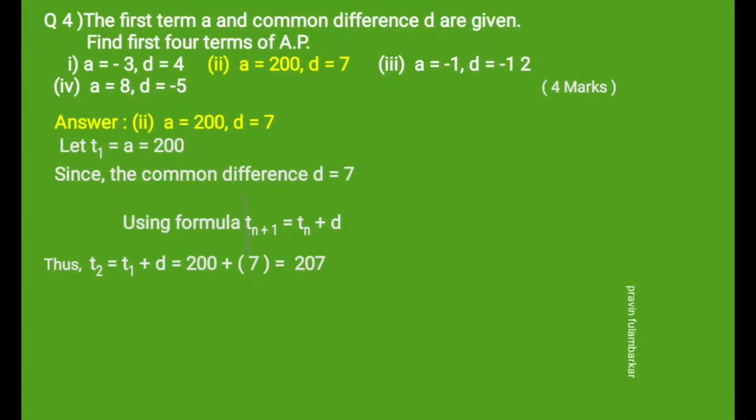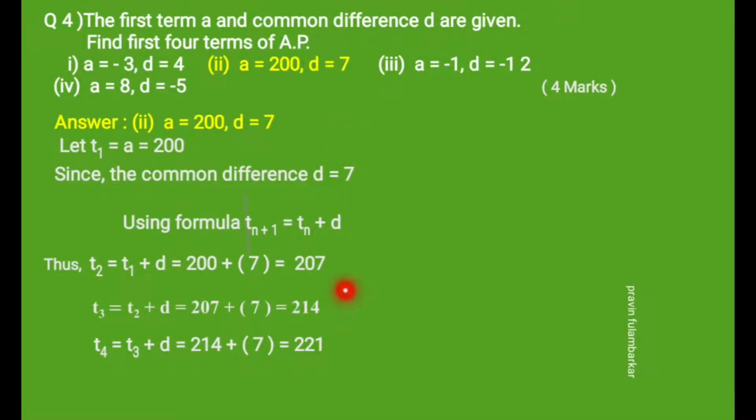207. Third term t3 equals t2 plus d, t2 is 207 and value of d is 7, so we get 214 as third term. And fourth term is t4 equals t3 plus d, so t3 is 214 plus 7, we get 221.